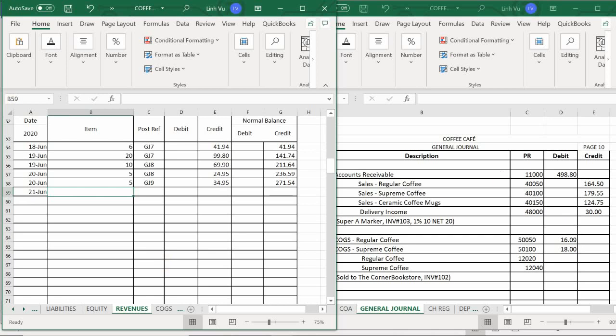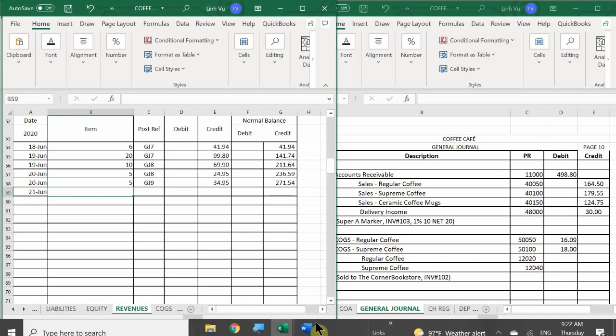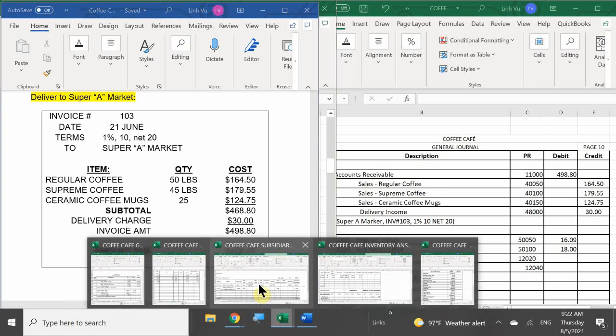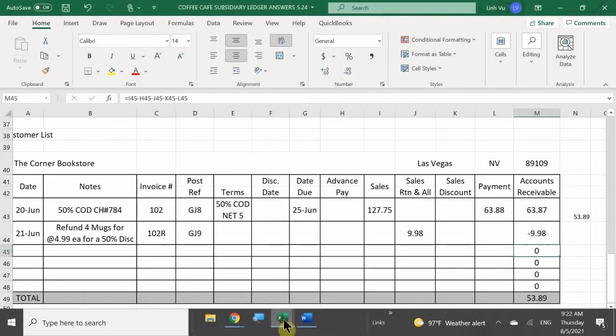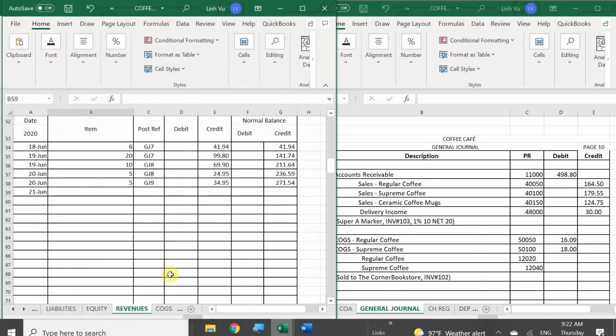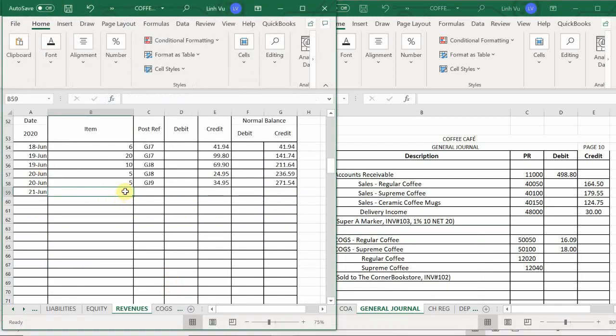Which one? Oh, to the invoice. Yeah, there we go. Okay, 25. General Journal 10 for 124.75.